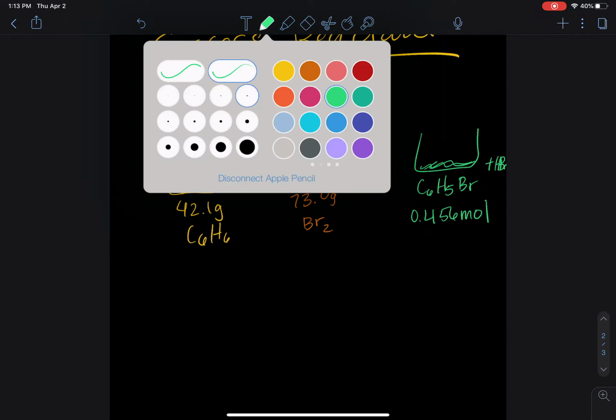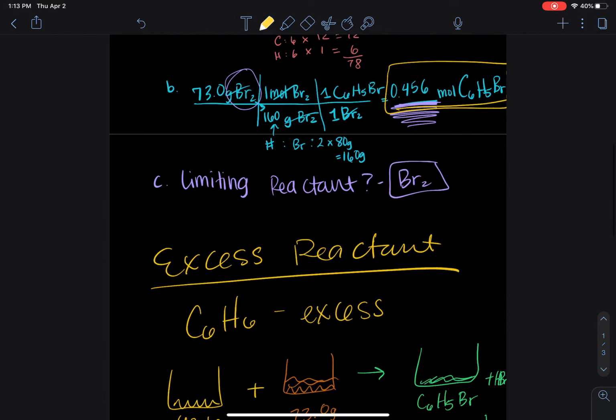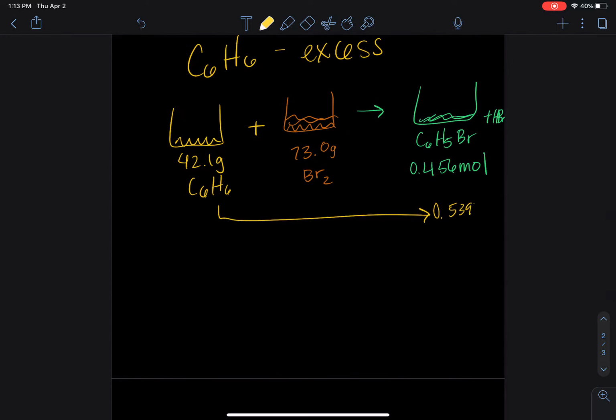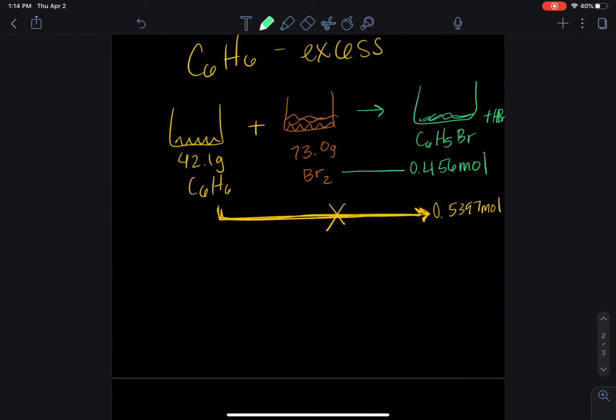And we also found that this benzene can make 0.5397. So if this path right here had enough bromine, this is how much product you would get. But unfortunately, we didn't have enough bromine to make the 0.5397. We only had enough bromine to make this 0.456 moles.